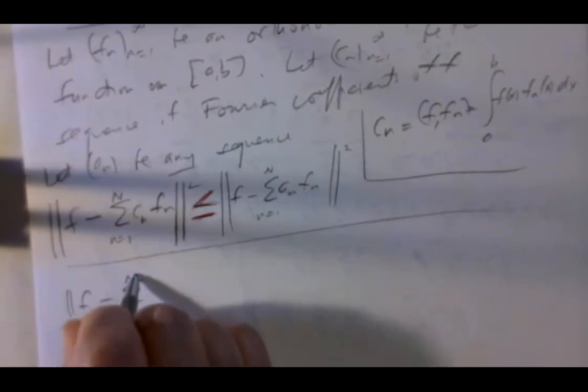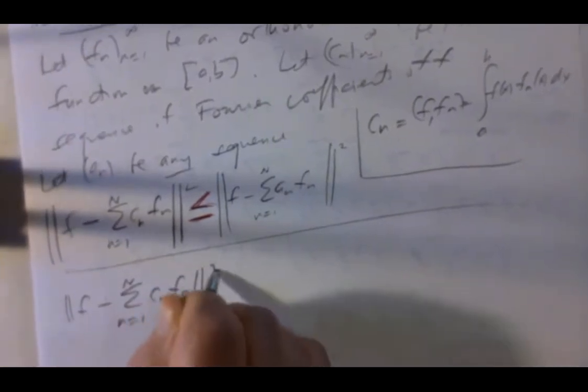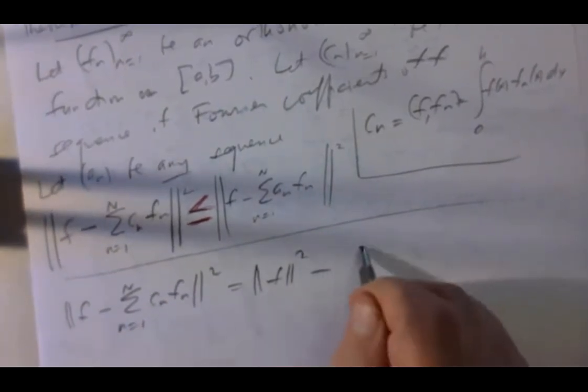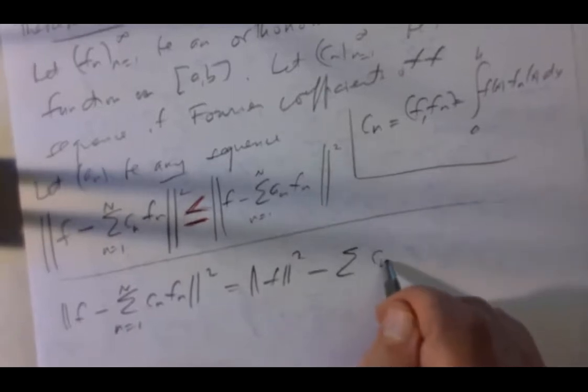And what we proved, one step in the proof, was that the norm of f minus the summation n goes from 1 to n of cn fn, squared, is the same as the norm of f squared minus the sum of the squares of the Fourier coefficients.